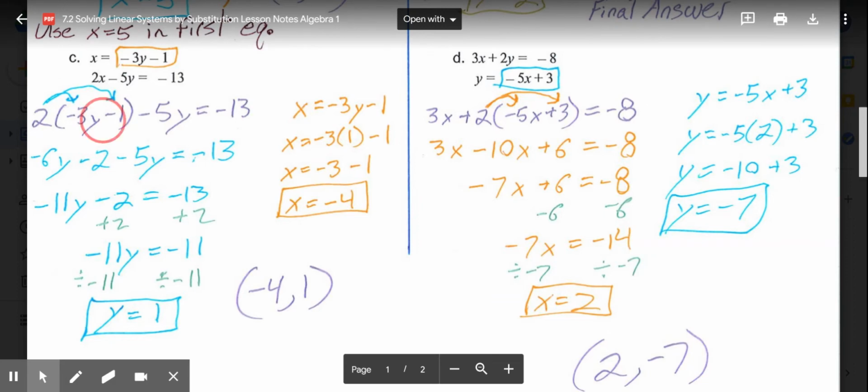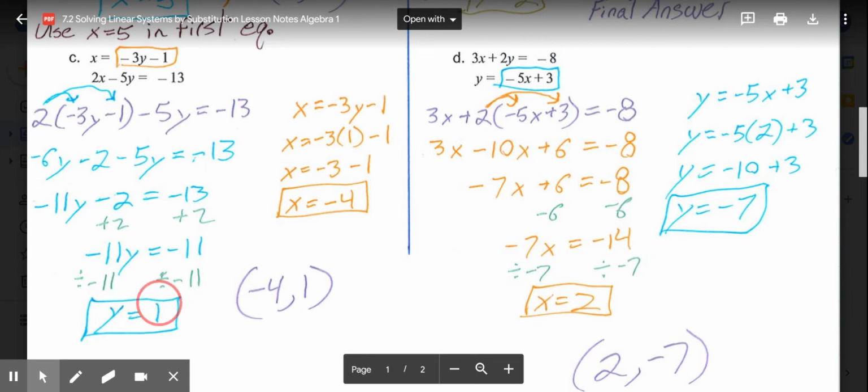Distribute the 2 times negative 3y minus 1, giving us negative 6y minus 2, and then minus 5y equals negative 13. Combine like terms, negative 6y minus 5y is a negative 11y minus 2 equals negative 13. Add 2 to each side, divide by the negative 11, and y equals 1.